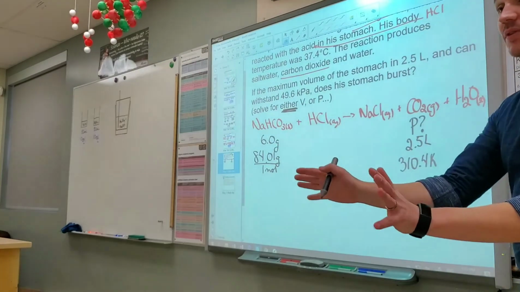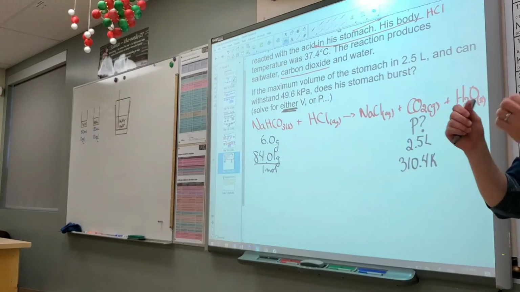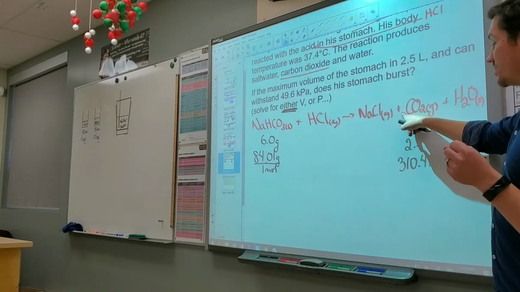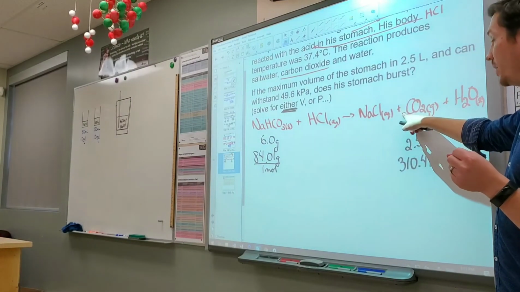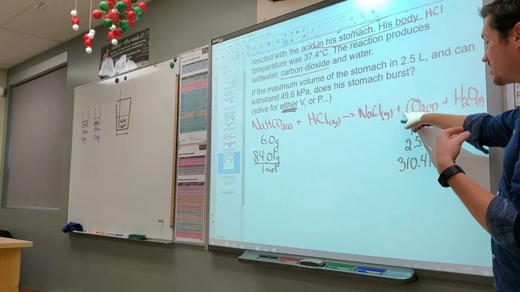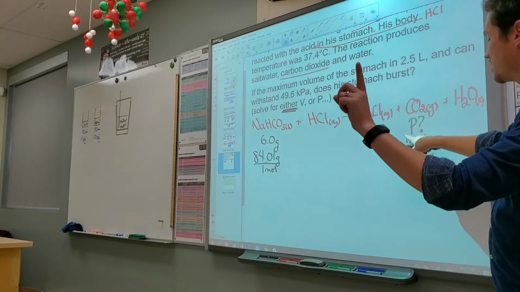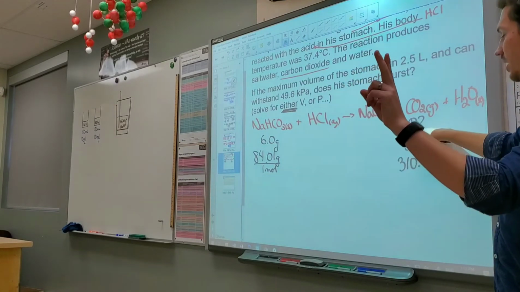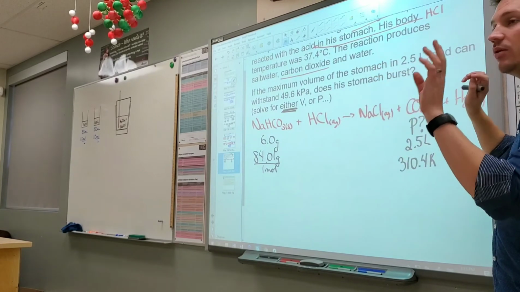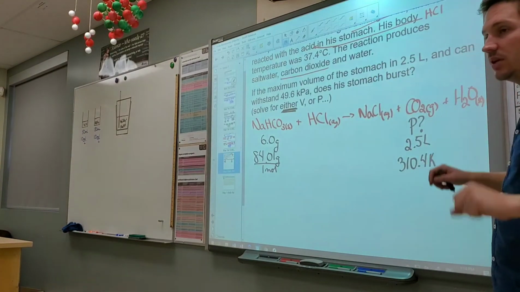Let's think about this for a second. Once we get moles of this, can we, using moles, liters, and Kelvin, get kilopascals? Is that possible? Yeah. What final additional puzzle piece do we need?